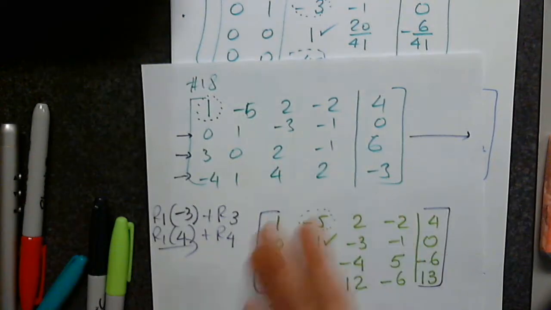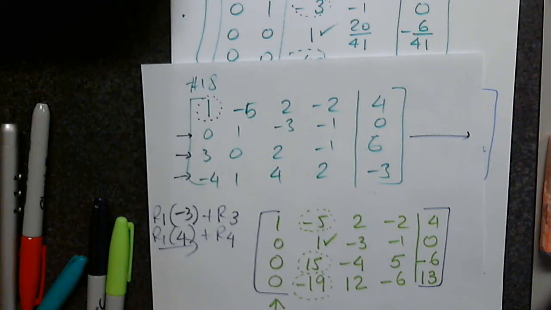Once you have the augmented matrix, it's coming from a system. You can always reconstruct the system, of course.